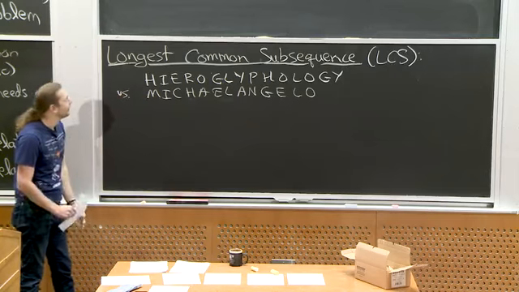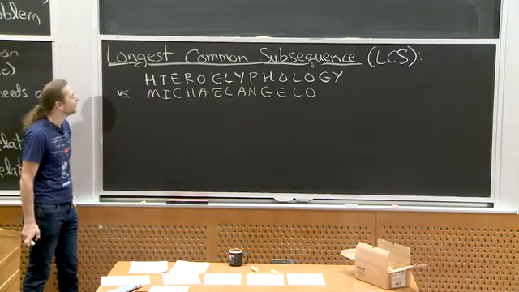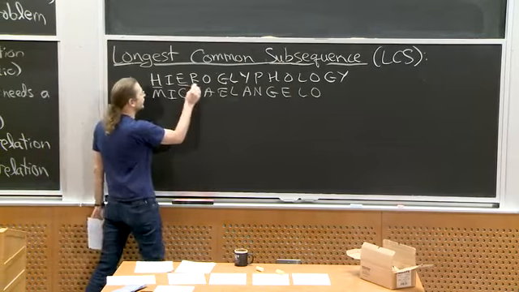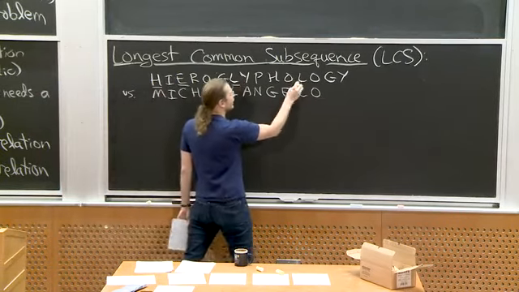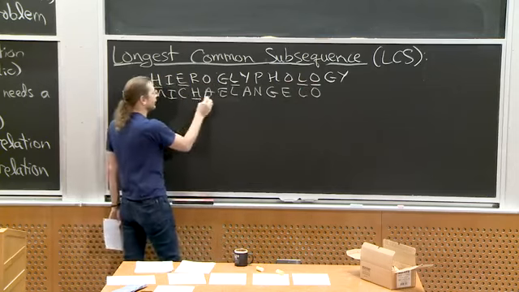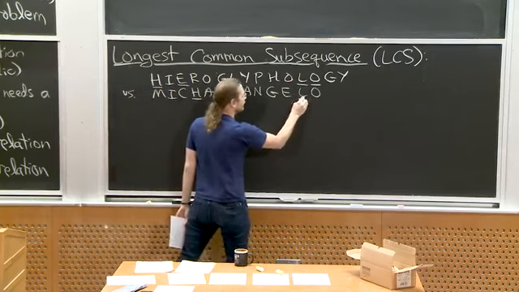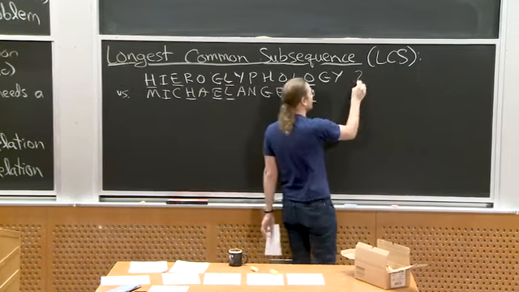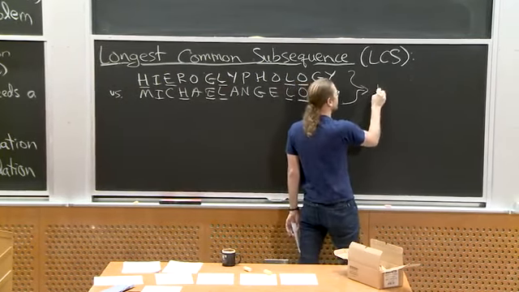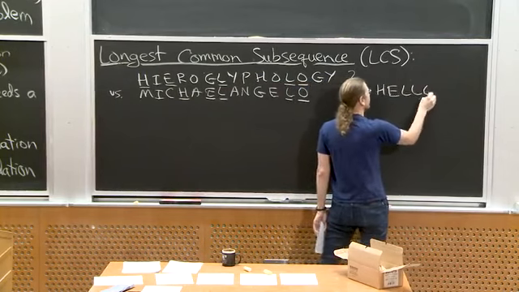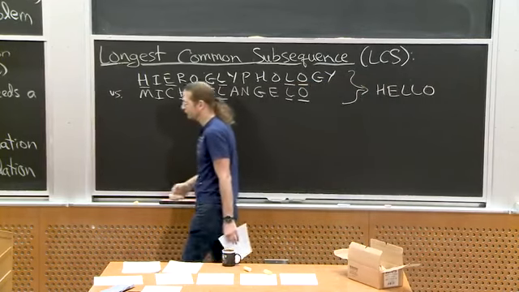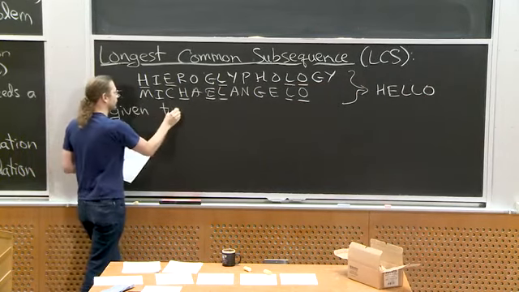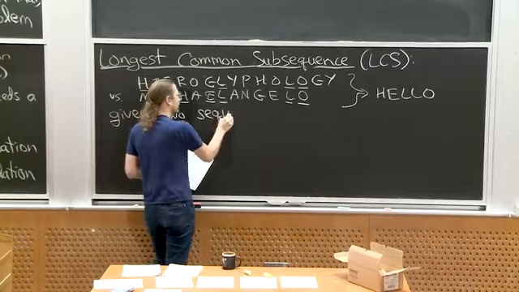And if you stare at this long enough, the longest common subsequence, I don't think it's unique, but there is a longest common subsequence, which is hello, hiding in there. And that is a longest common subsequence. So given that input, the goal is to compute hello, or whatever the longest common subsequence is. So we're given, write this down carefully, given two sequences, let me name them, A and B.